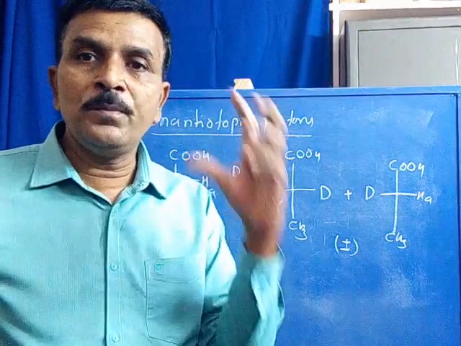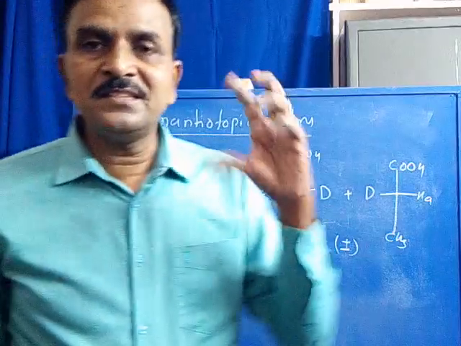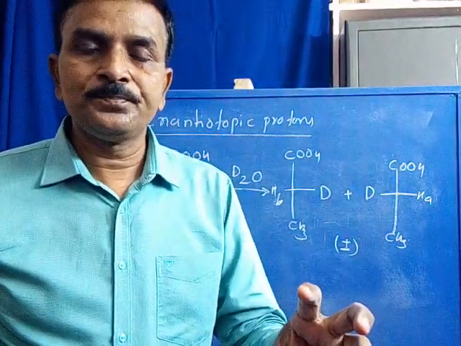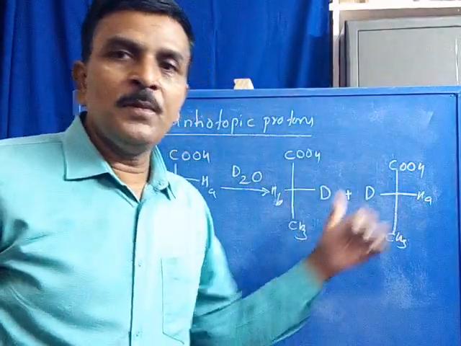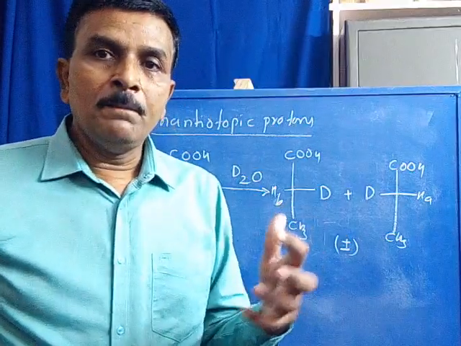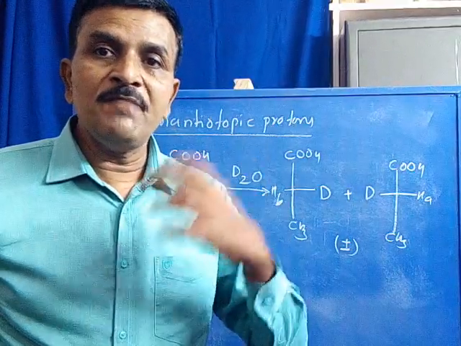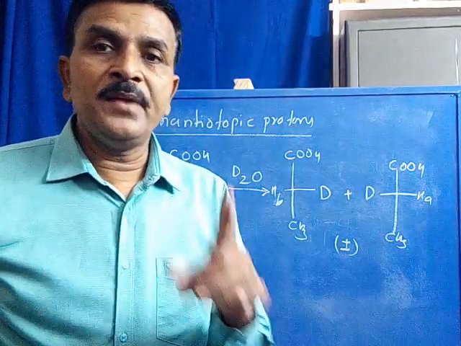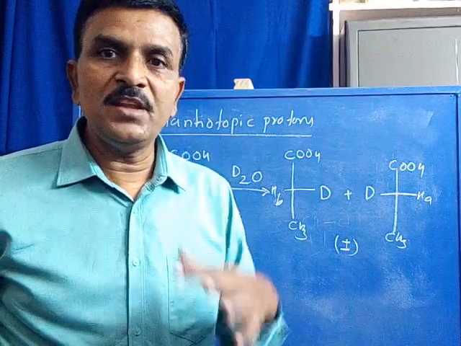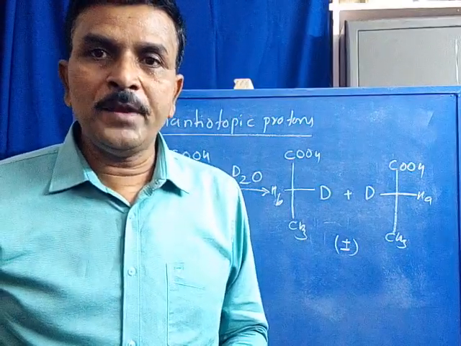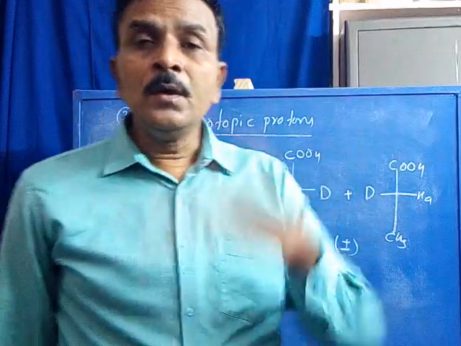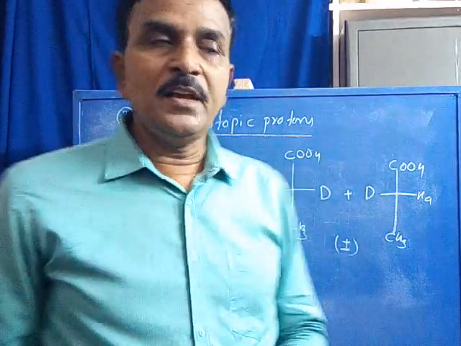The enantiotopic protons, however they exist in different isomers, one in the first isomer, the other in the second isomer, absorb energy at the same frequency, therefore appear with one signal. So these are called enantiotopic protons. Now we will discuss this again in the application part.